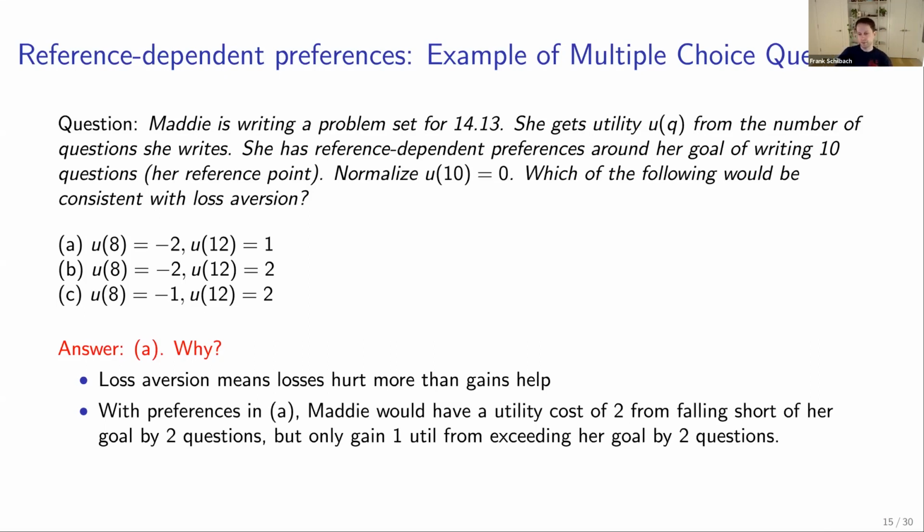The utility cost of falling short is twice as large, which is the kind of evidence we would see in loss aversion. The other 2 examples don't have that feature, so really only answer A is correct.